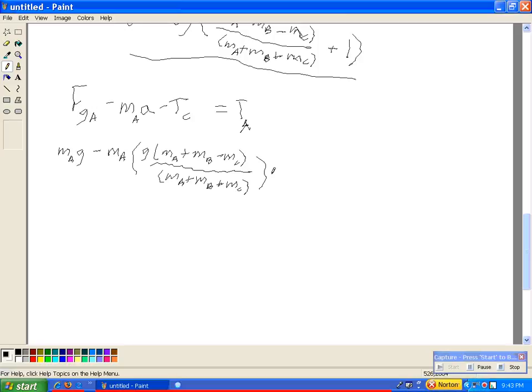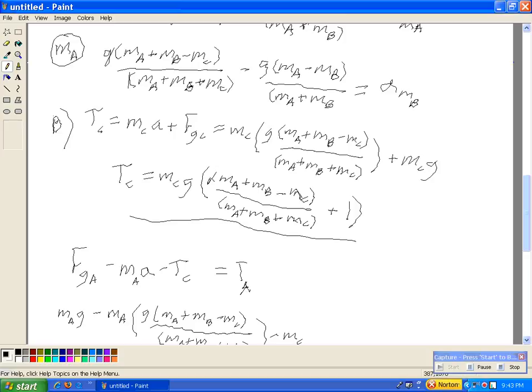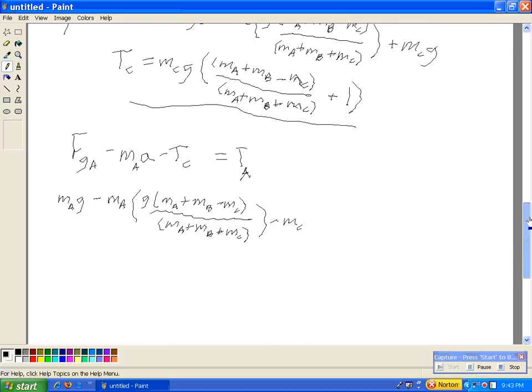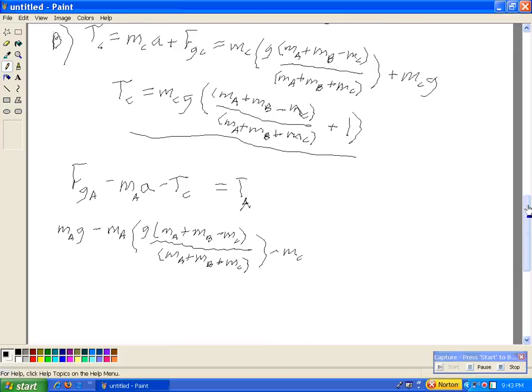Okay. So, let's see. I am going to use not this version, but this version, and see in parentheses G. You'll see why in a second.